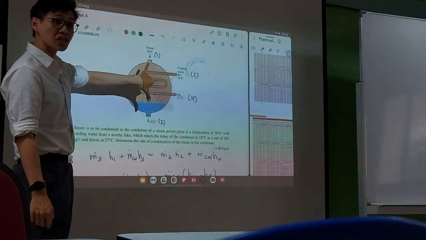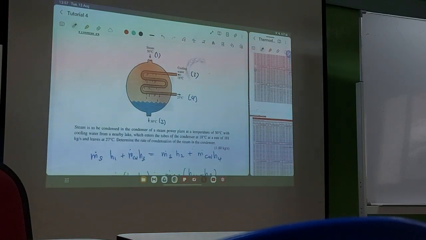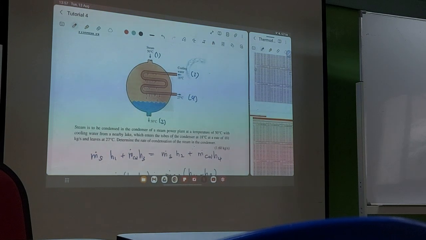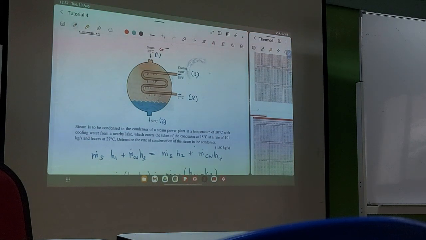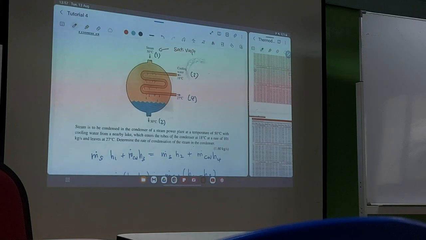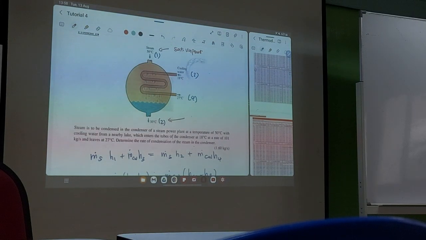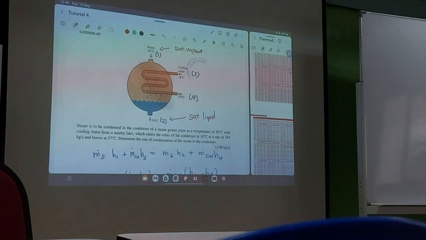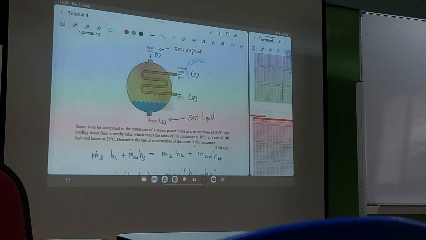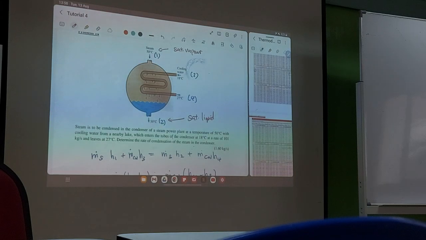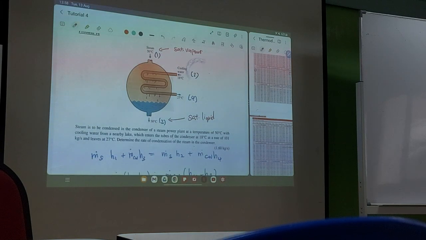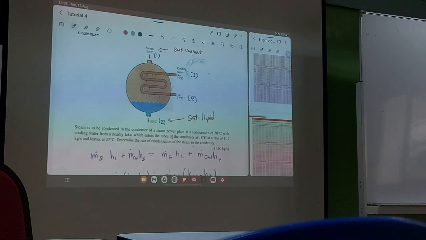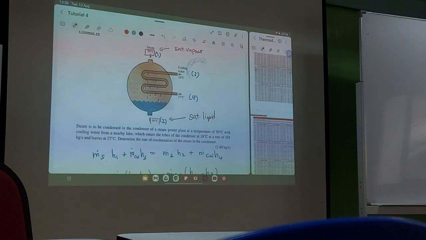But if temperature doesn't change, meaning it goes through a proper full condensation process without any temperature change, then it means that this is actually a saturated vapor, and it comes out as saturated liquid. Which is why there is no temperature change. 50 degrees Celsius, then it maintains at 50 degrees Celsius.